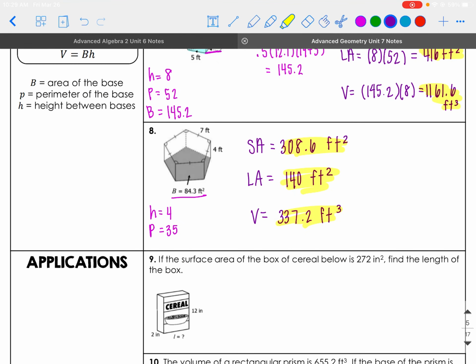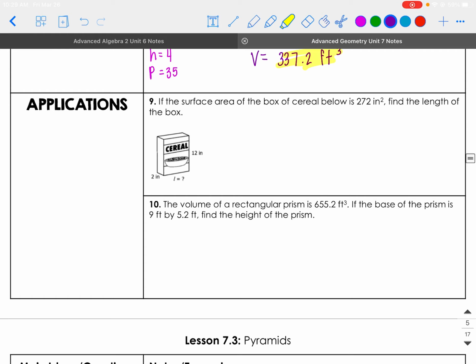All right, just 2 more problems. Number 9 says, if the surface area of the box of cereal below is 272 square inches, find the length of the box. This is a rectangular prism.